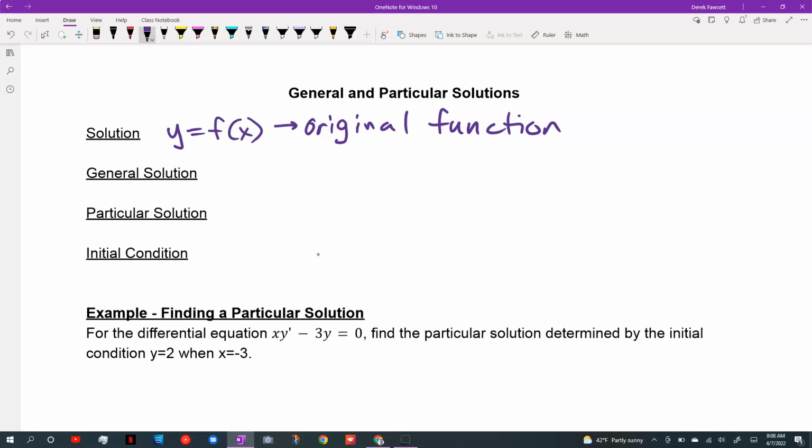And then the general solution, that would be when you have the solution, but it's the family of solutions, right? So it includes all possible solutions.